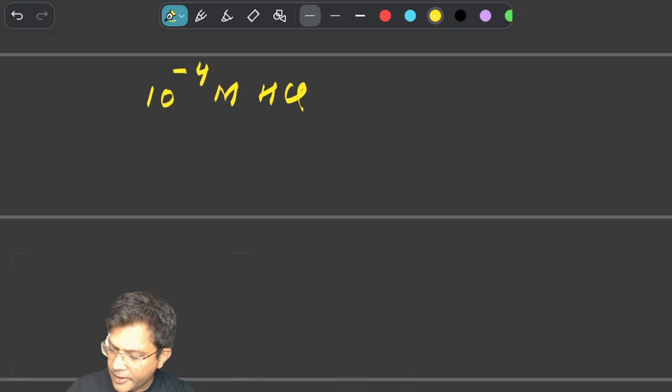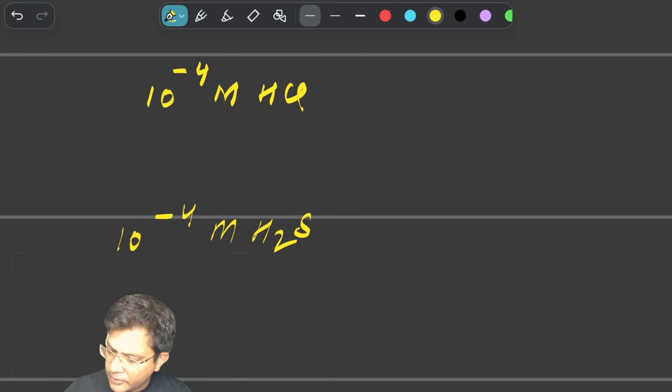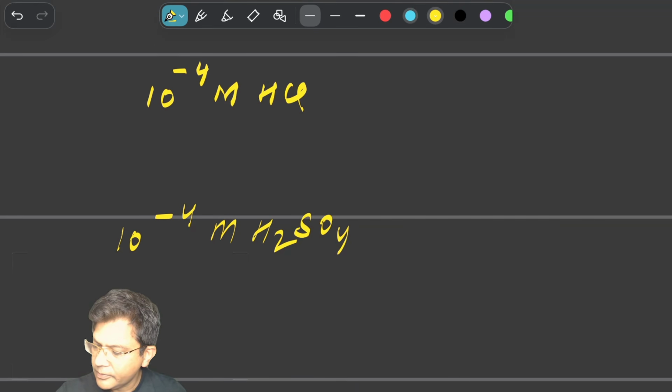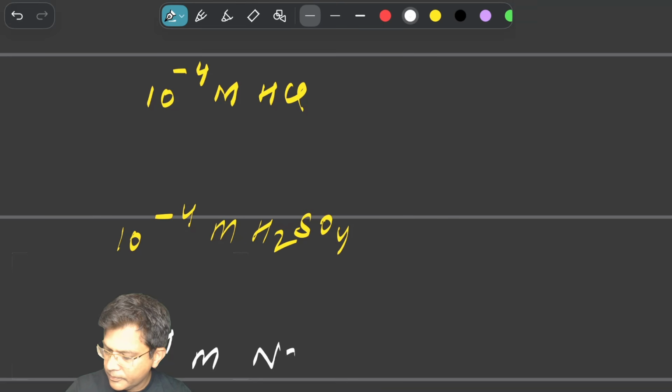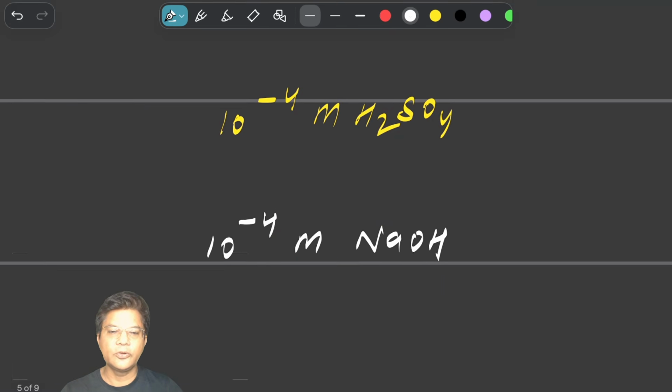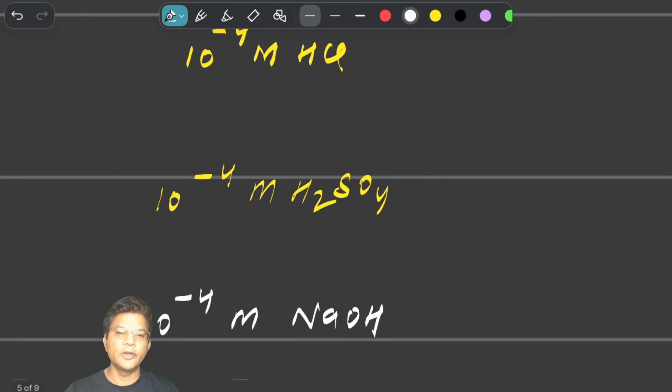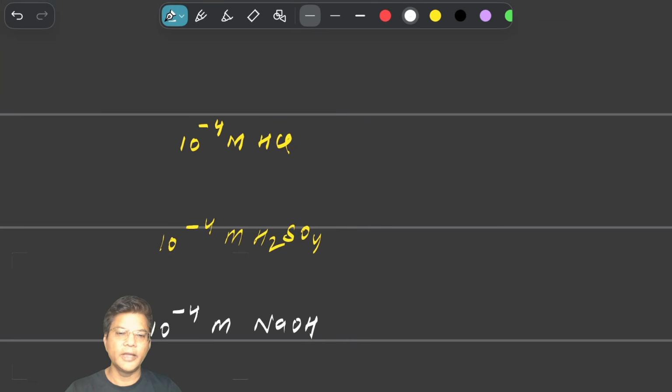Second, 10 raised to the power minus 4 molar H2SO4. And third, 10 raised to power minus 4 molar NaOH. These are the three types of entities. You just see to it and try to answer it. The pH. Okay, then I will let you know.